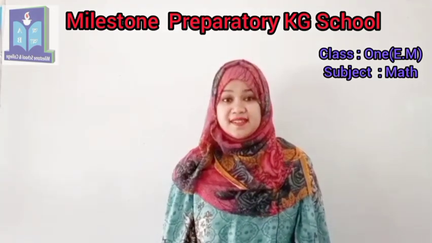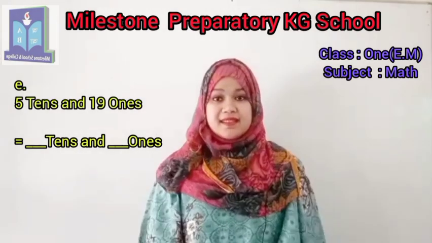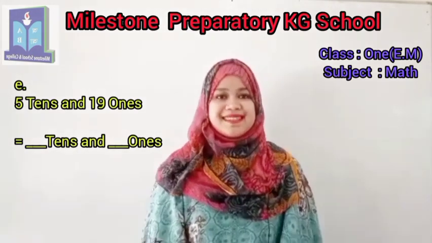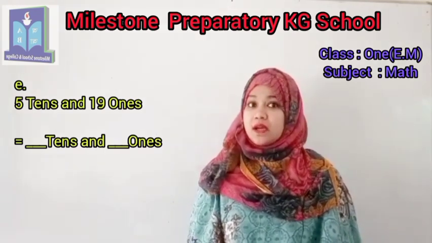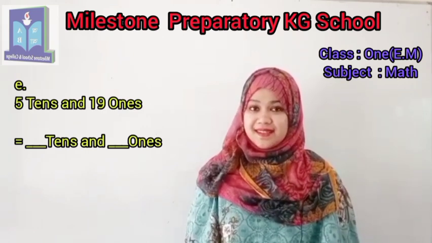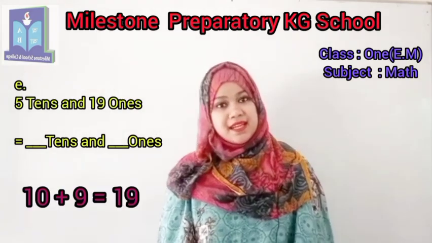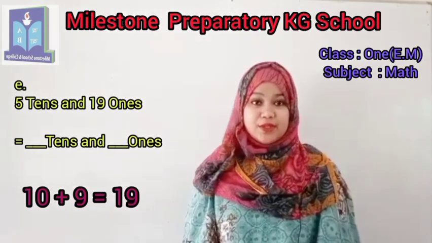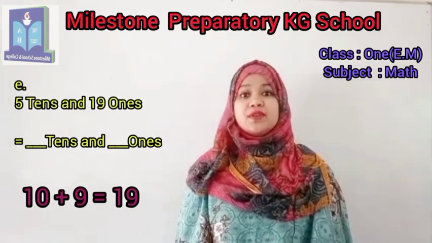Now exercise number E. Here is 5 tens and 19 ones. So dear students, how can we break 19? How many tens are here? Let us break it. 10 plus 9 equals 19.